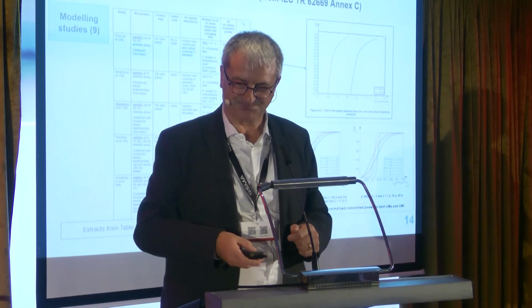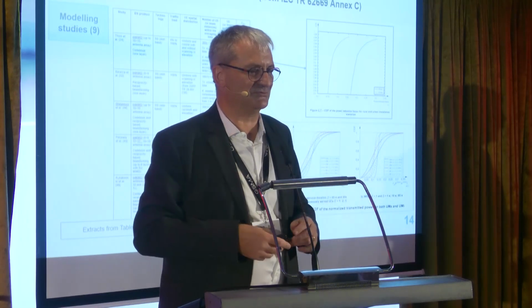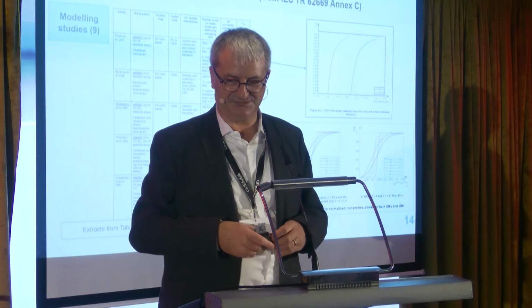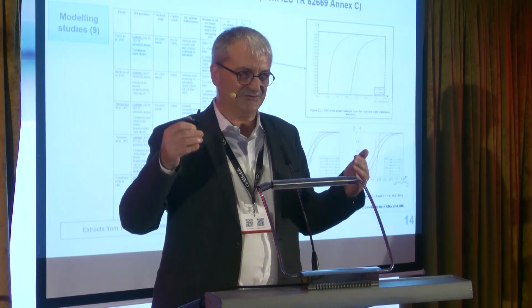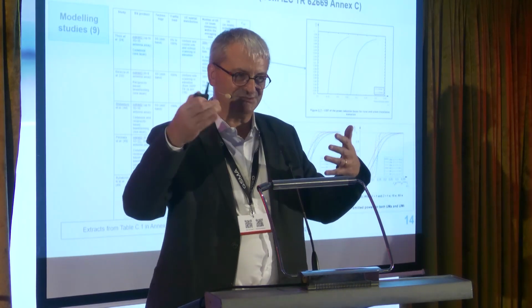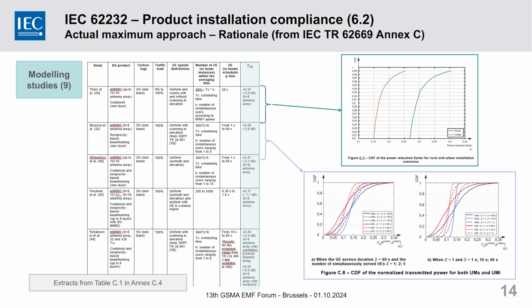base stations. And after these two publications, many other publications have been done. And the correction factors, what we call the power reduction factor, FPR, in blue on the slide, varies, but it's always in the same range. It's between 0.1 and 0.3, so between -9 dB, for those talking in dBs, -9 to -6 or -4 dB.